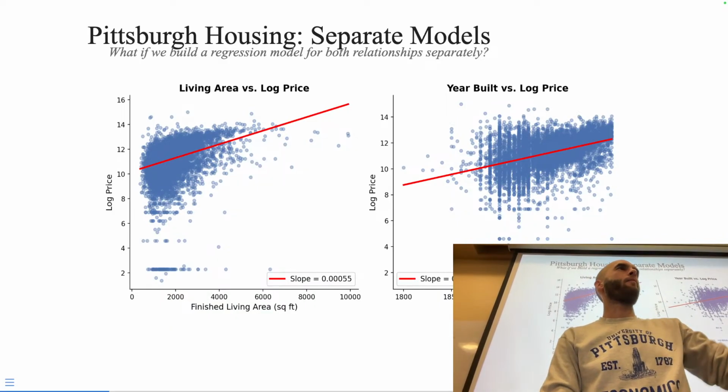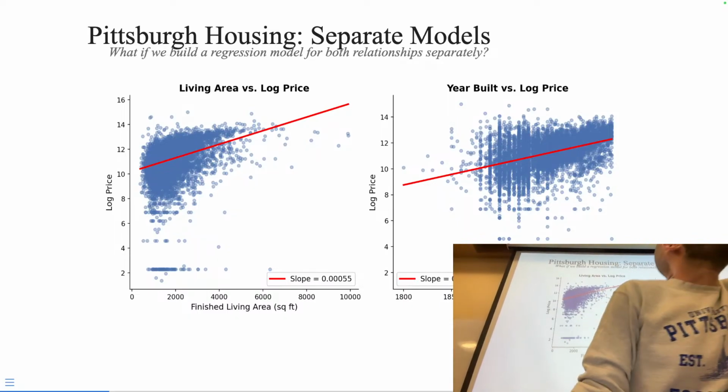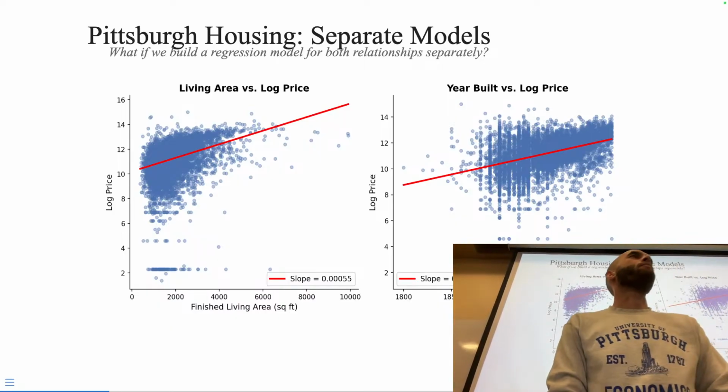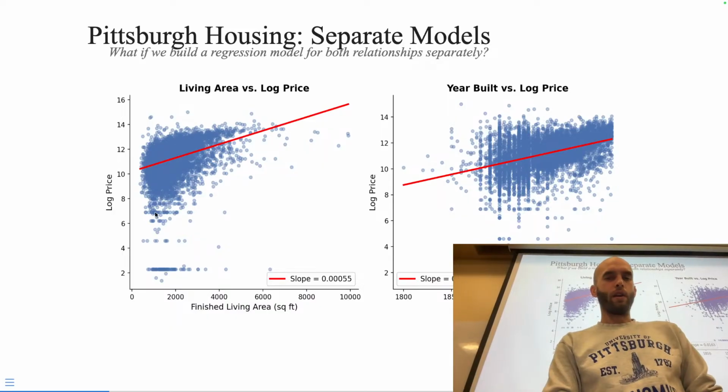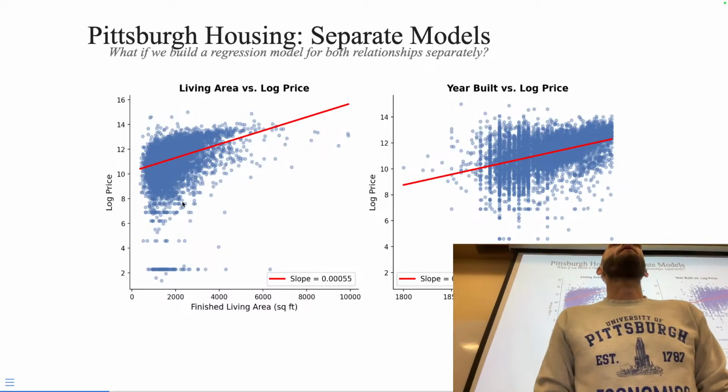What else, Jay? I'm sorry, say that louder. Okay, so maybe some curvature. Yeah, so it could be that there's an additional bit of curvature. Definitely, we see some extra data down here that we don't see above. Yeah, what else? Yes.